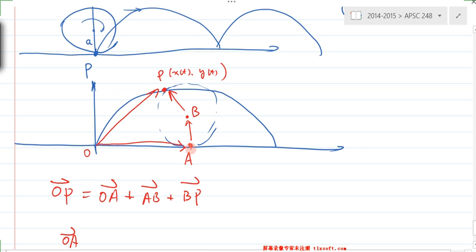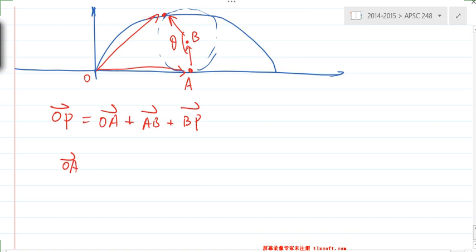The distance OA is the same as the arc length of AP. It's like you have a string attached here, and as P moves, the string unwraps around this circle. Suppose it moved by theta angle here. So the absolute value of OA is the arc length AP, which is a theta, because the radius is a.